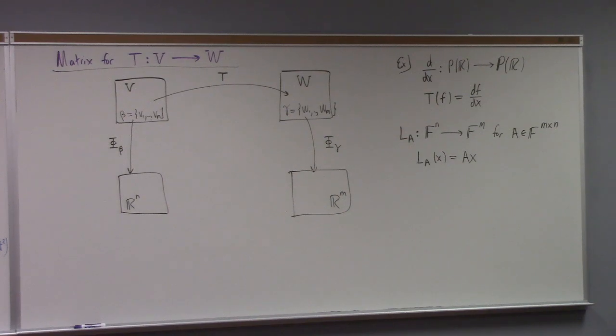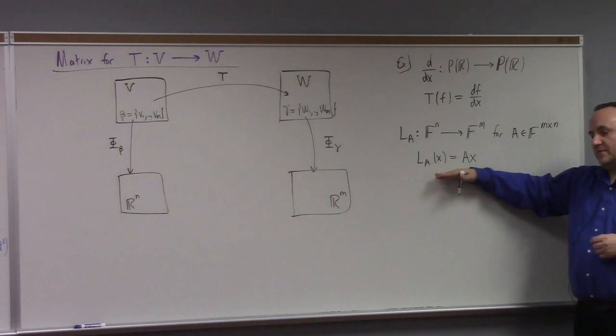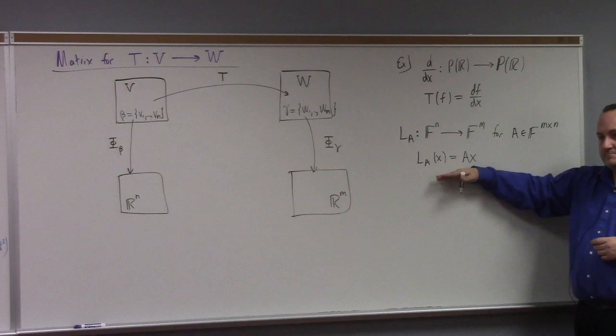In fact, there's a theorem that any linear transformation from Fn to Fm can be obtained in this way. A function from n-column vectors to m-column vectors is a linear transformation if and only if the formula for the function can be written as matrix multiplication. This is true. You can prove this.